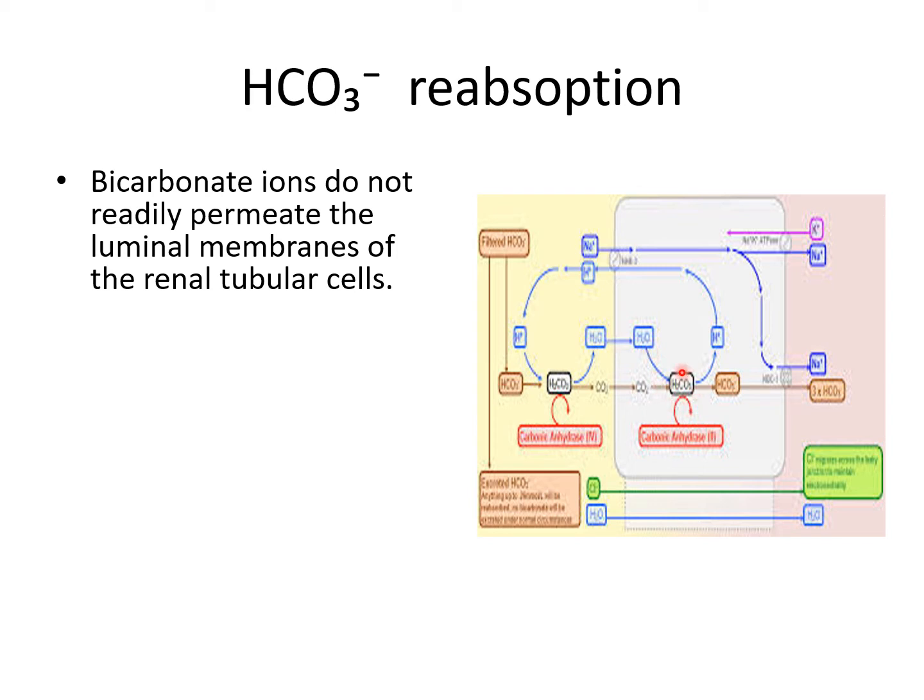This H2CO3 again dissociates into H plus and HCO3 minus. This H plus is secreted by the tubular cells, whereas the HCO3 minus is reabsorbed from the basolateral side and enters the peritubular capillary or blood. So this is the mechanism of how bicarbonate reabsorption occurs.